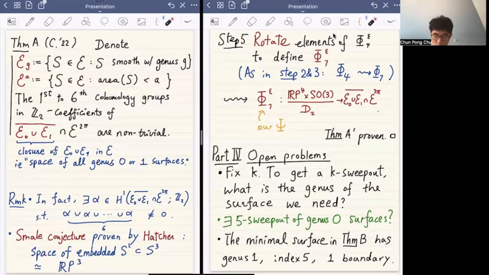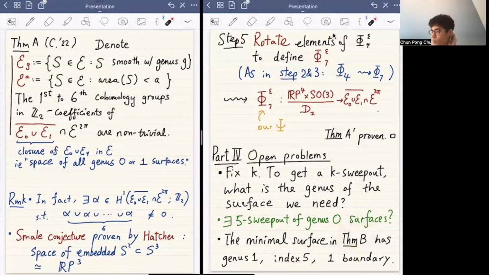And finally, we conjecture that the minimal surface in theorem B has genus 1, index 5, and only one boundary component. There is an open conjecture that says the only minimal surfaces with index less than or equal to 4 are the critical catenoid and the equatorial planes. Naturally, one would guess the minimal surface in theorem B to have index 5.